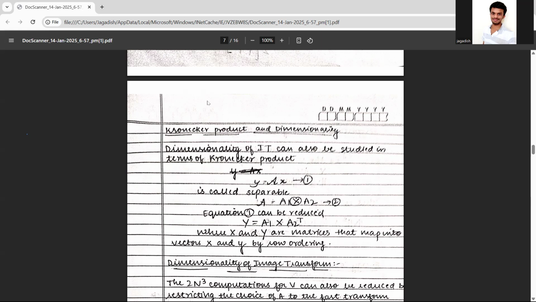This might get repeated, so learn the problem and practice it, because it's an 8 marker. You can directly get 8 marks along with the cosine transform, sine transform, and properties of 2DFT. These are the questions which you are supposed to learn.